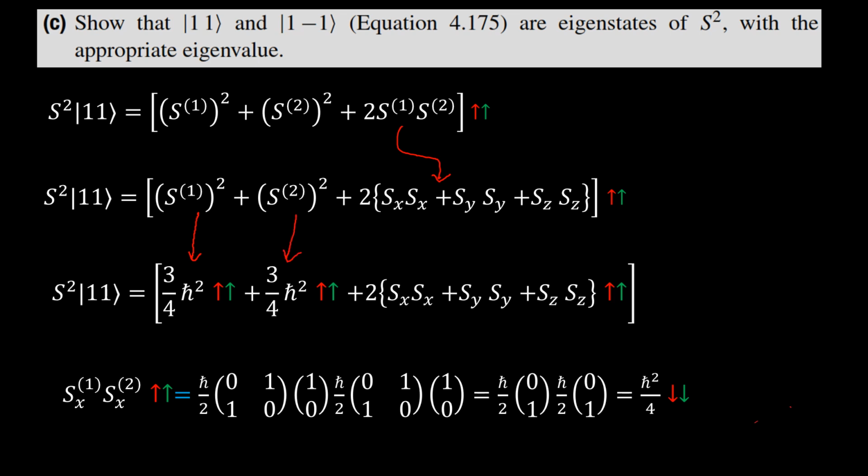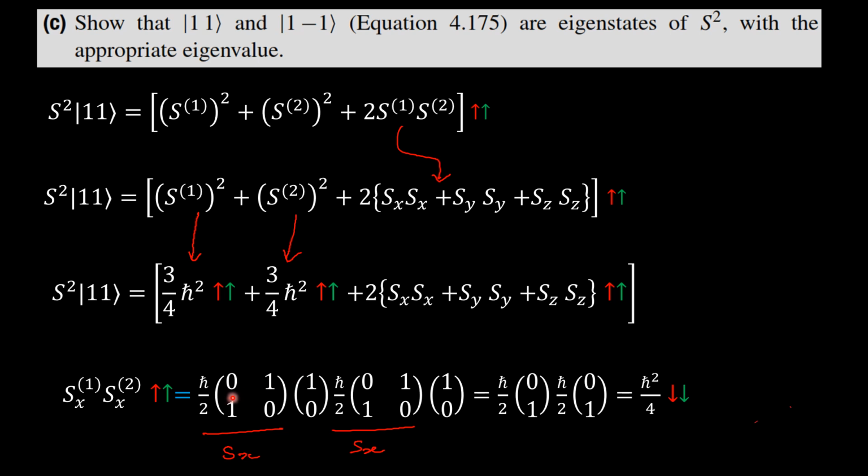Now we have to find this SxSx, SySy, SzSz. So first we will take SxSx on the spin up state. This Sx matrix is H cross over 2 times 0 1 and 1 0. Then it will act on the spin up state of the electron. Then this is for the proton: Sx acts on this spin up state of the proton. So this is H cross over 2 times 0 1 1 0.